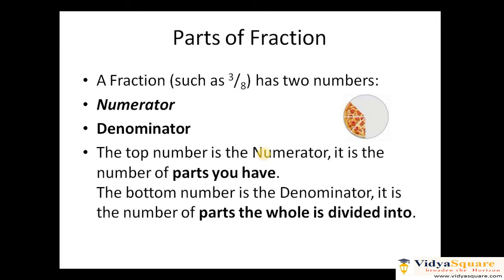The denominator, or the bottom part, represents the whole parts of the collection, how many there were in the whole. So in this pizza we have 8 parts, and the numerator depicts the part that is left now. So here 3 is what is left now.